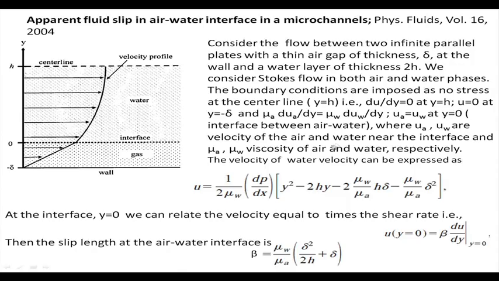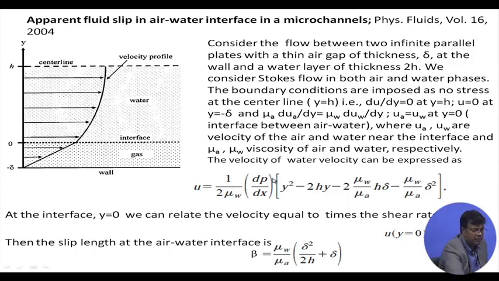Now we assume that the flow is Stokes flow, that means a linear flow. If a constant pressure gradient dP/dx is applied along the length of the channel, a kind of Poiseuille flow, we can solve and get the velocity distribution within the water zone, which is governed by this equation.